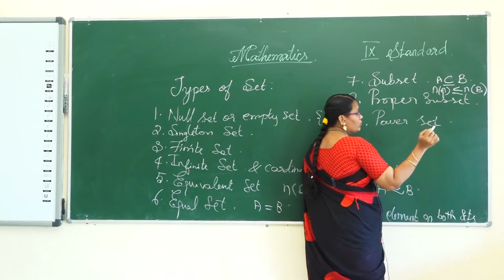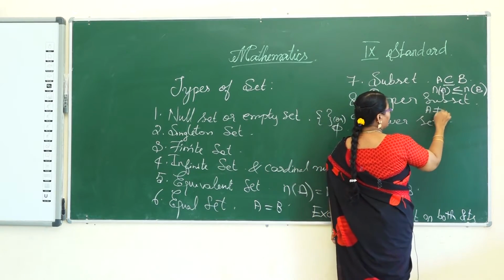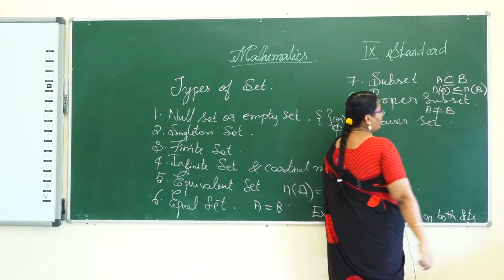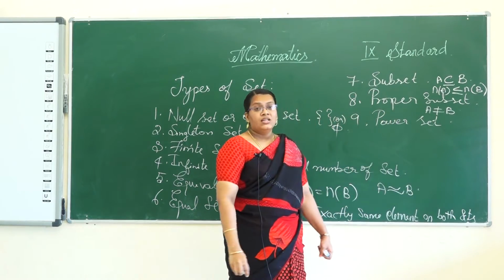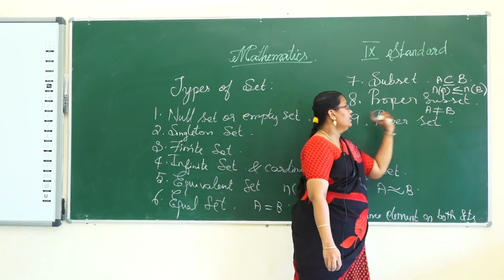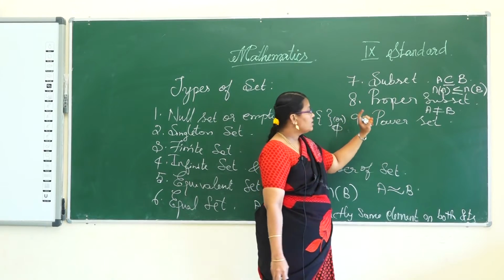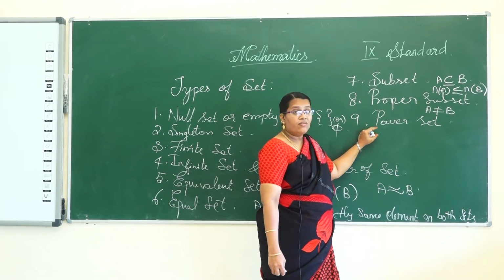If A and B are two sets, A is not equal to B, and every element of A is in B, then A is called the proper subset.